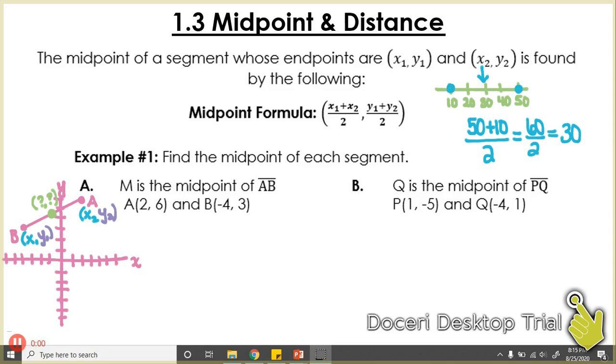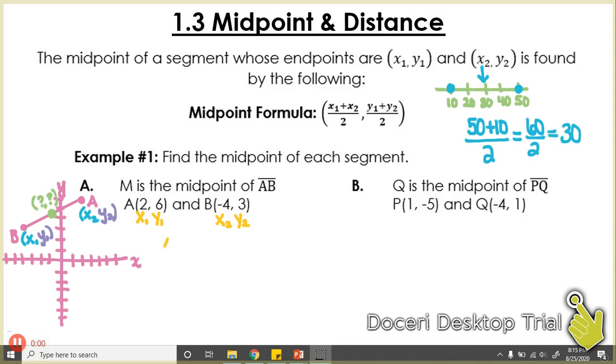So you have two averages to find, one with the x values and one with the y values. That's where our formula comes from. I would get in the habit of naming each point, one of them x1, y1, and the other one x2, y2, just to denote there are two different ordered pairs.